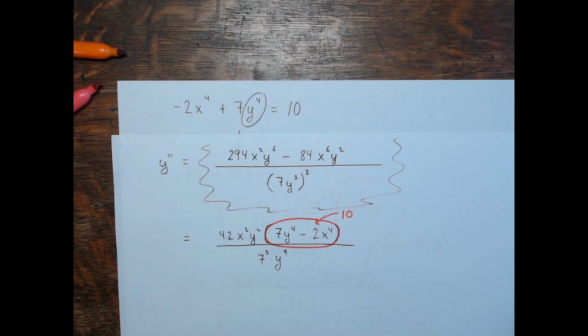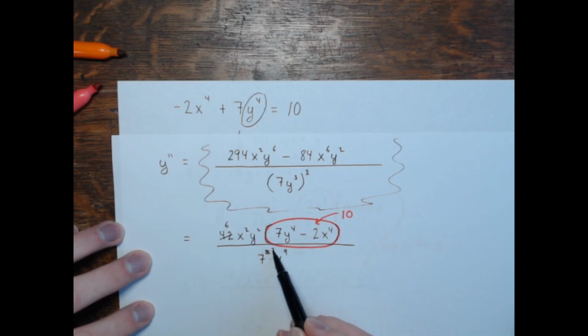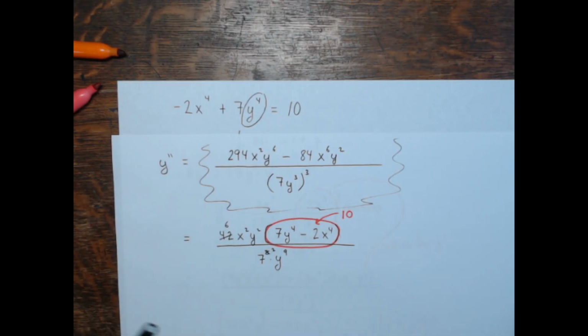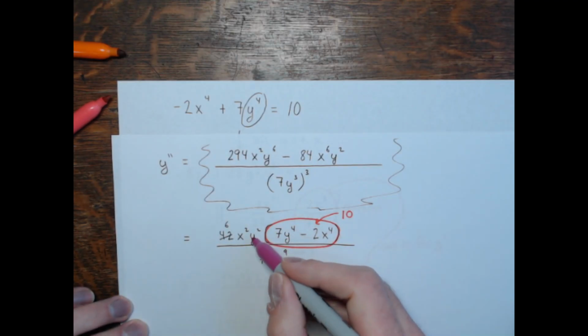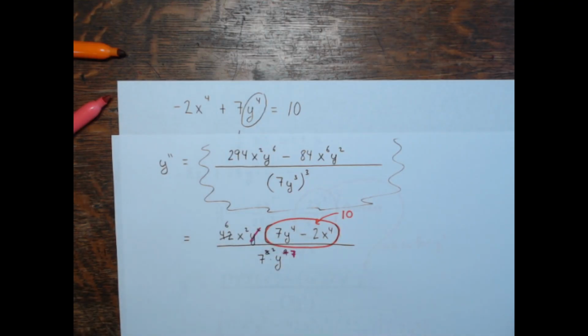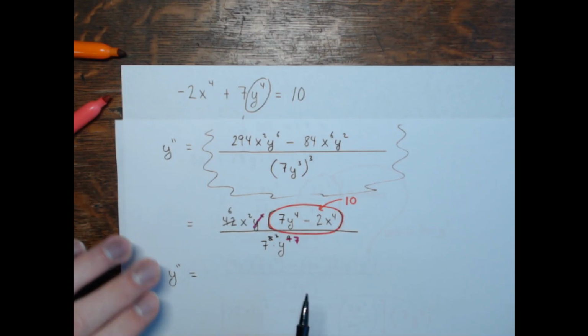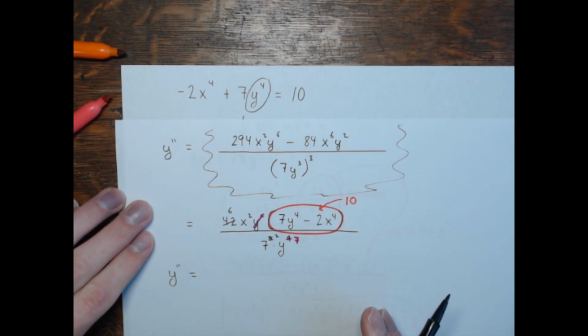And then we can do a little canceling. This is 7 times 6, and then one of these 7s will go away, so I'd have 7 squared down here. And this has y squared, y to the ninth, so those two will go, and I'm left with y to the seventh. So after all the canceling and simplifying, my second derivative expression, depending on just x and y, when totally simplified, you have 6 and 10, so 60.